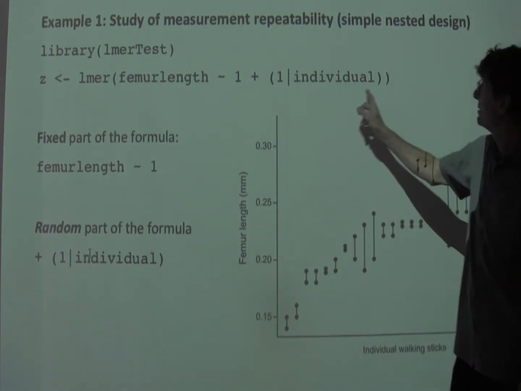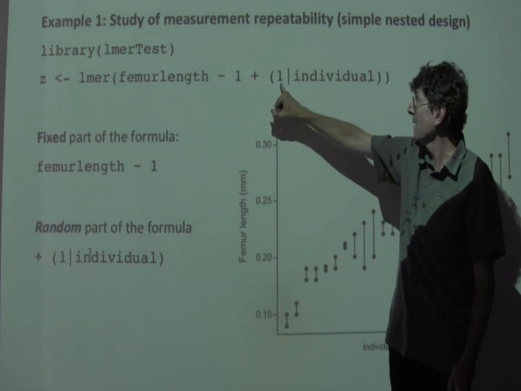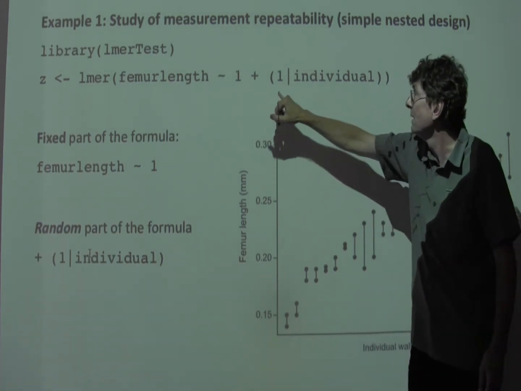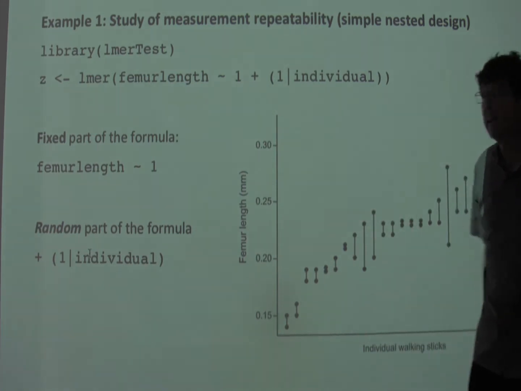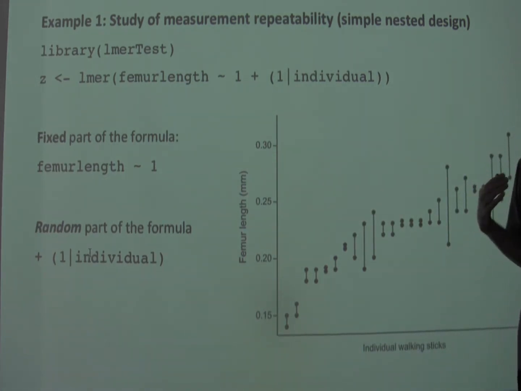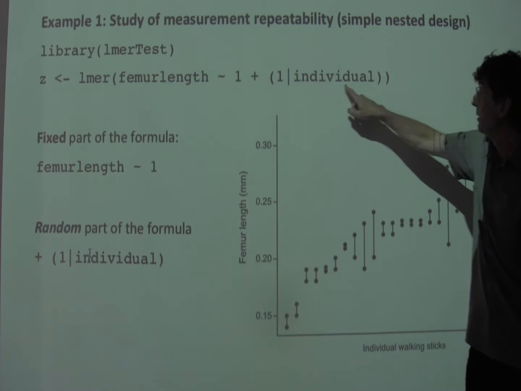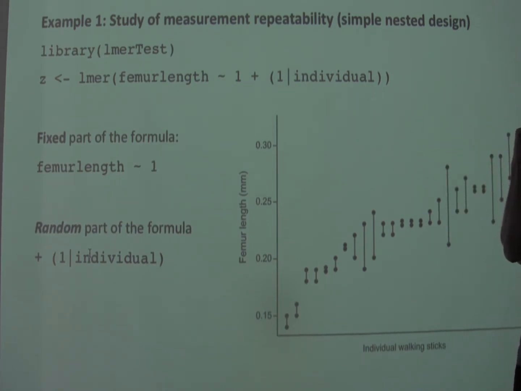What this construction means is that we're fitting, at the same time as an overall grand mean, which is fixed, random intercepts. Every individual is going to have its own intercept, which is its true bug measurement. And individual tells R what the random groups are in this case.